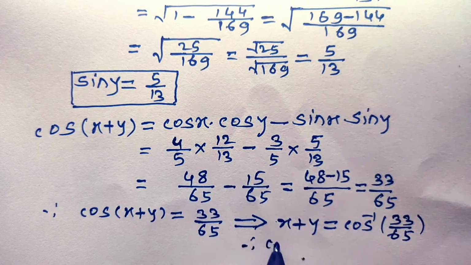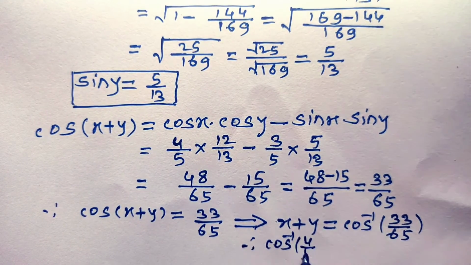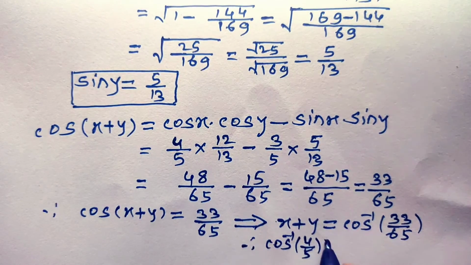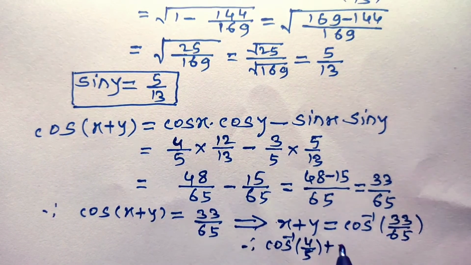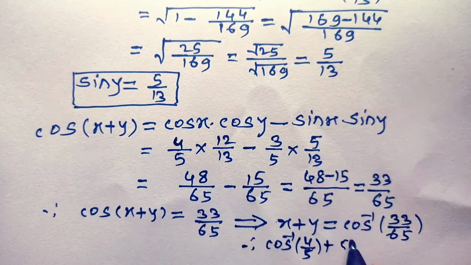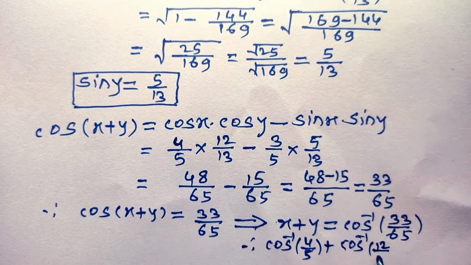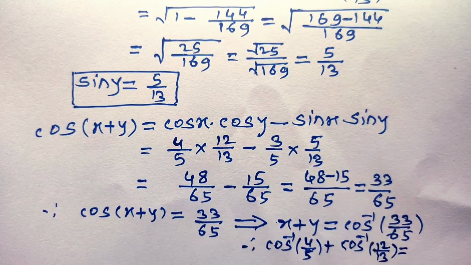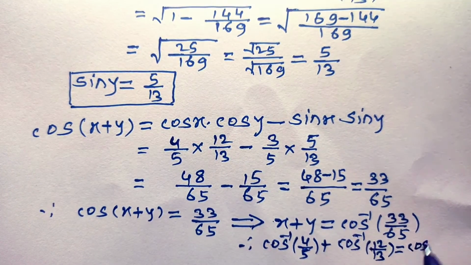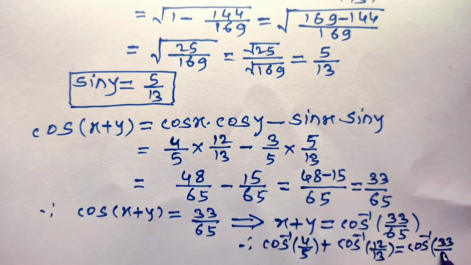Hence cos inverse 4/5 plus, as per our assumption, y is nothing but cos inverse 12/13, and this is equal to, right hand side is cos inverse 33/65.